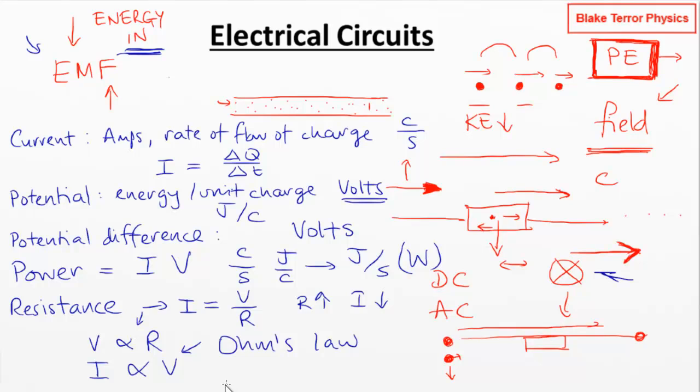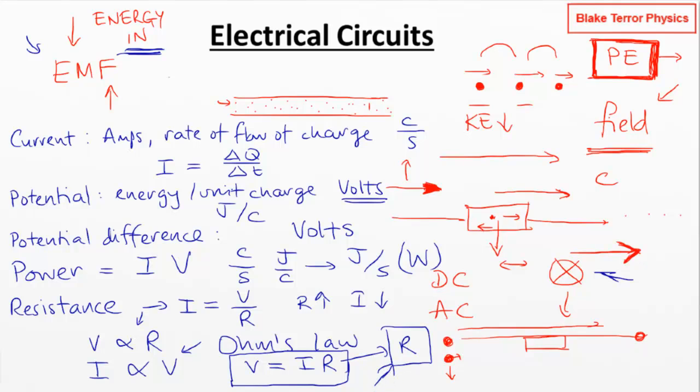If we say V equals IR, which is the usual equation that people are familiar with, this is only representing Ohm's law if R remains constant. So whatever voltage and current combination we've got has the same resistance.